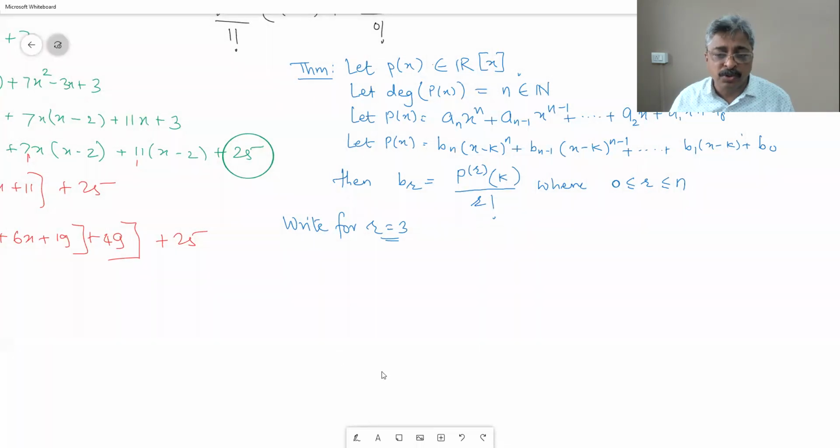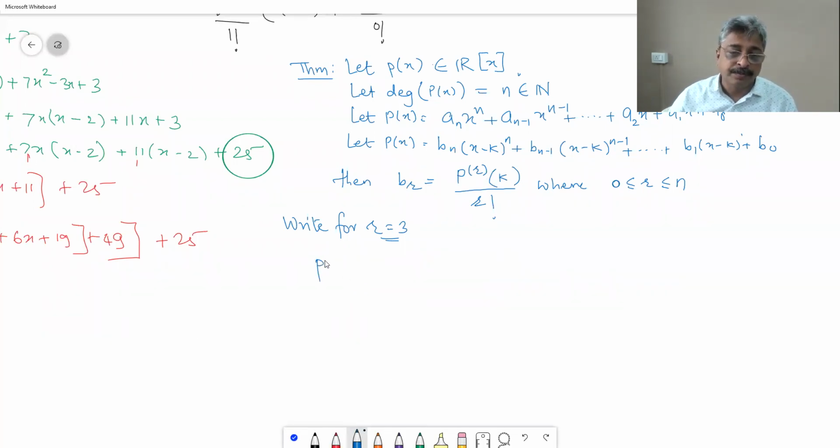That means you are supposed to differentiate one, second time, third time and get those coefficients. So let me check what is P3 of x. How much is P3 of x? P3 of x, that means I am supposed to differentiate P of x how many times? 3 times.